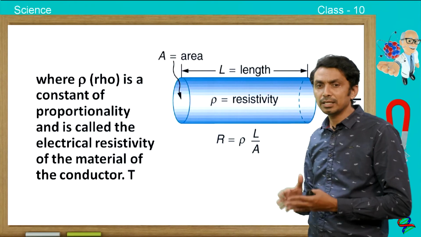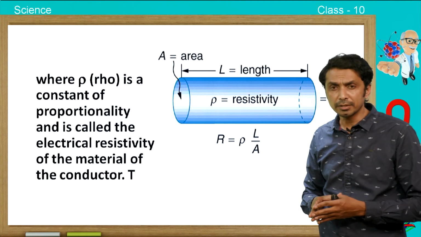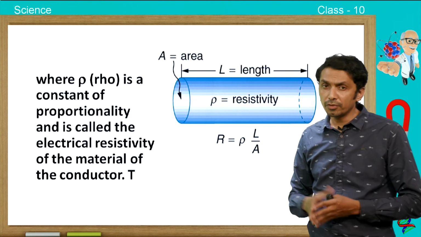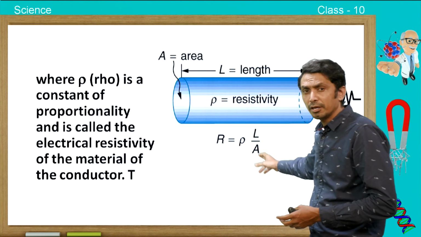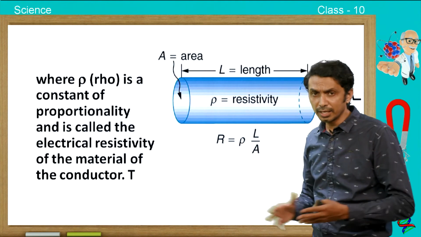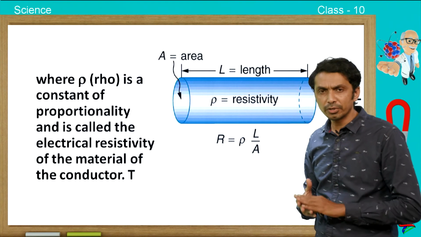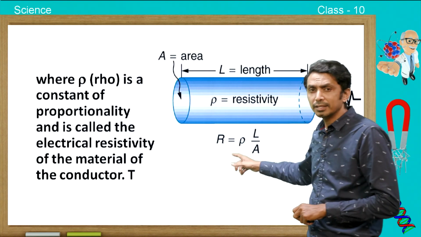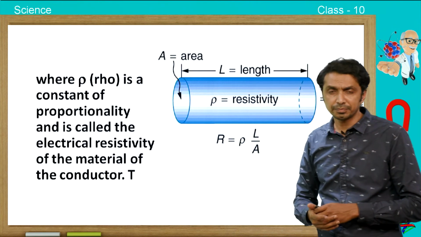Yes, it is the resistivity that is not varying. Even if we vary the length and area of cross section, the resistivity rho is not varying, right? Are you thinking why? Yes, you are absolutely right. See, this rho is called resistivity.